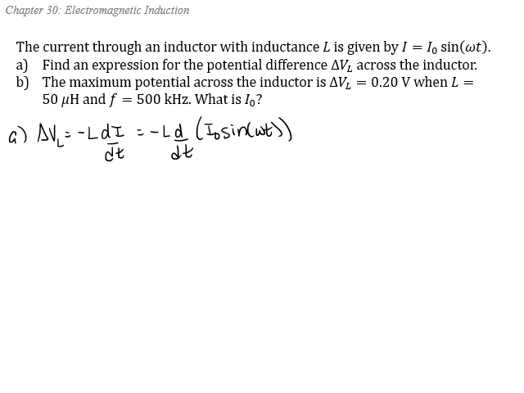Okay then, so we have to do the derivative of sine omega t. We get minus L, we take our I0 out front, and d by dt of sine omega t. The derivative of sine is cosine, so we get minus L times I0 times omega times cosine omega t. So there's our expression for the potential difference across the inductor.